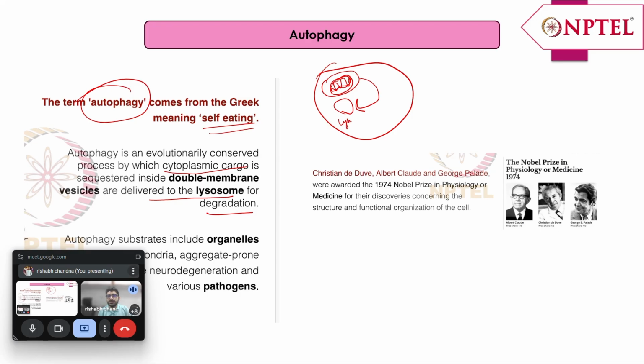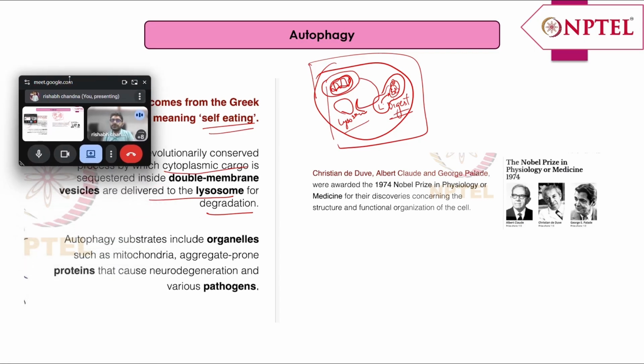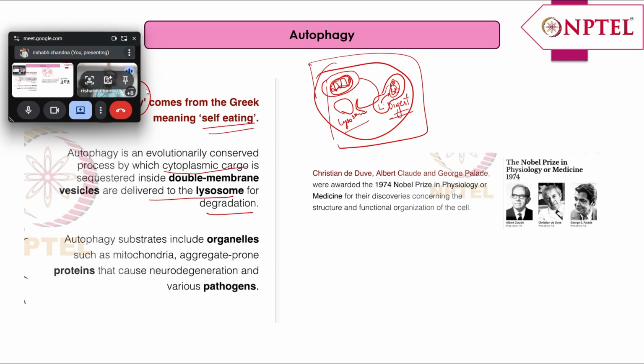This is a lysosome, so now the sac will fuse with the lysosome, and the lysosome will digest this mitochondria. So this is basically the autophagy process, in which the cell eats its components only when they are non-functional or damaged.